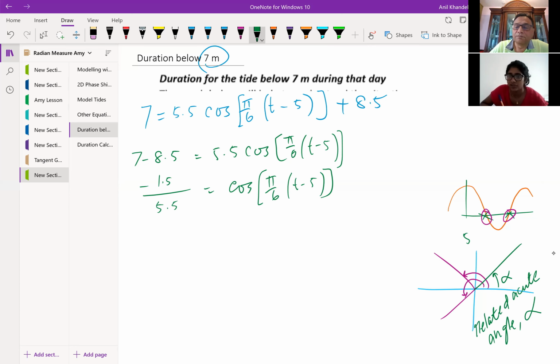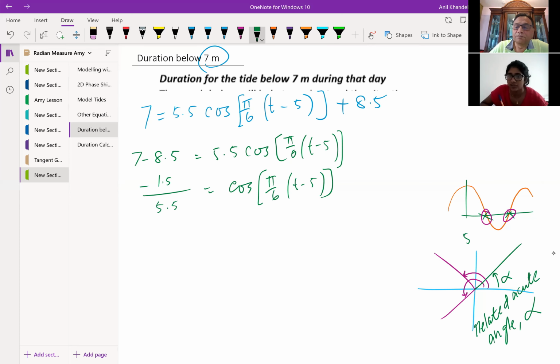All we did was place 7 where h of t is. Then we moved the 8.5, so 7 minus 8.5, and then divided by 5.5. So we have minus 3 over 11 equals cos of pi t minus 5.